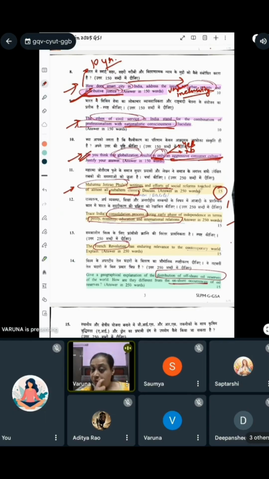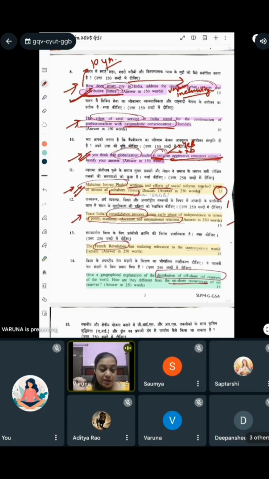Even the people with history optional, it became a tricky question. But this is the first and the only question from the modern history syllabus, right? So that is one thing, that the weightage of modern history is comparatively on a decreasing trend these days.